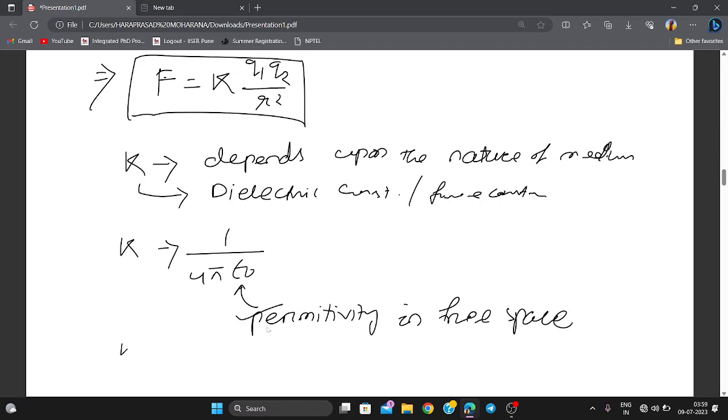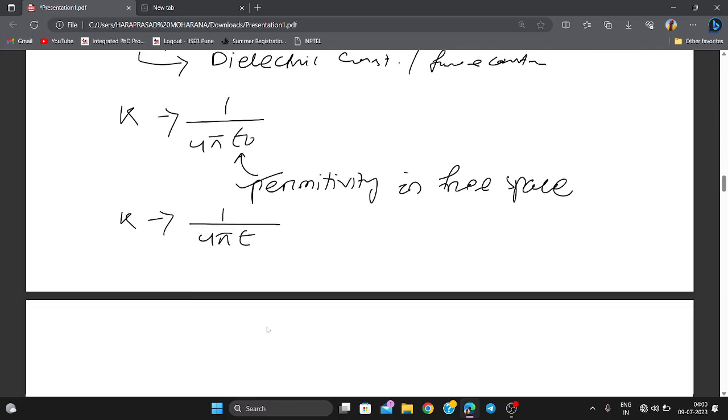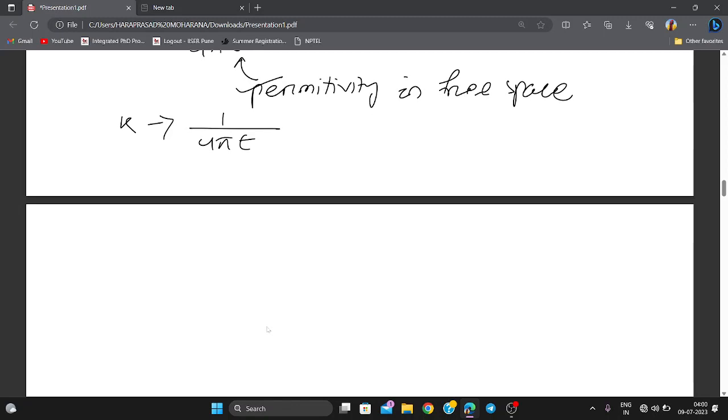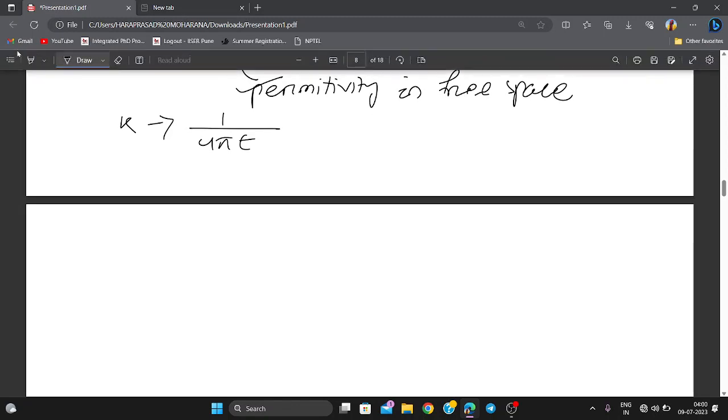And if I talk about any general medium, then I will write it as 1 by 4 pi epsilon, where epsilon is the permittivity of the medium I have taken. Okay, so let's have some data about the values. Epsilon naught has the value 8.854 into 10 to the power minus 12. What will be its unit?